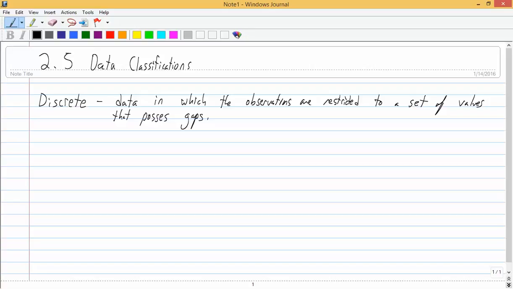Okay? Now, continuous data, think of a continuous function. If data is continuous, then that means the data can take on any value within an interval.